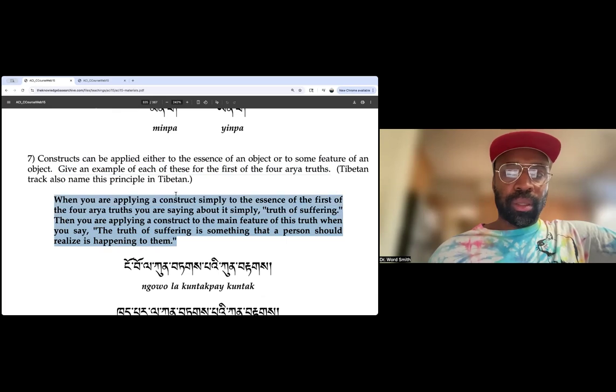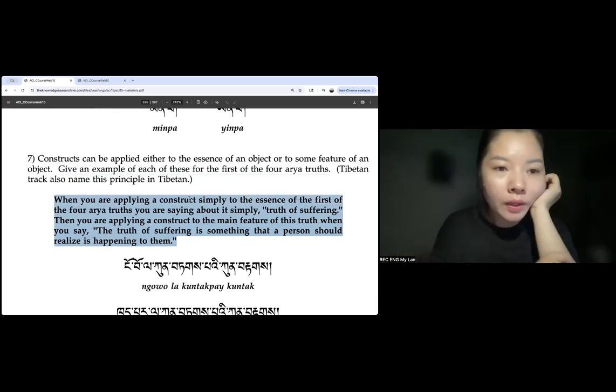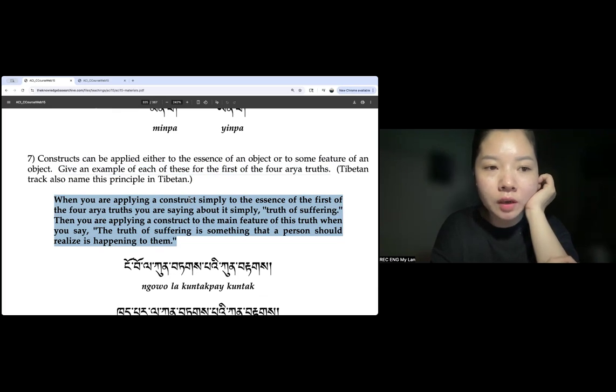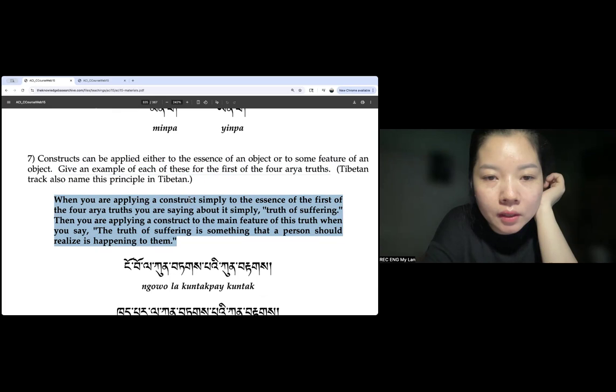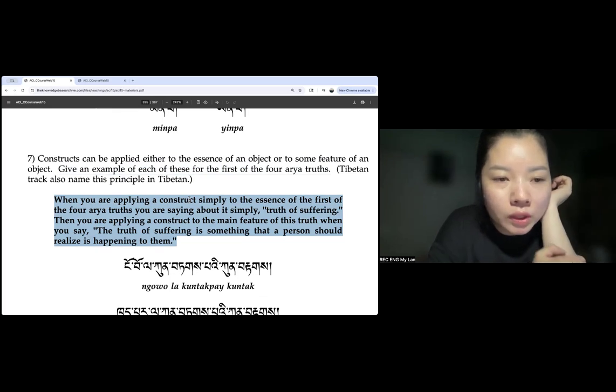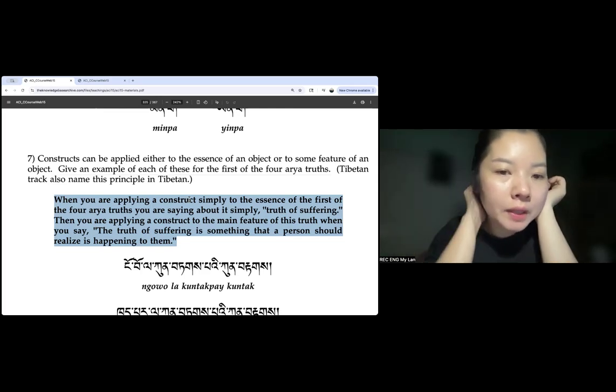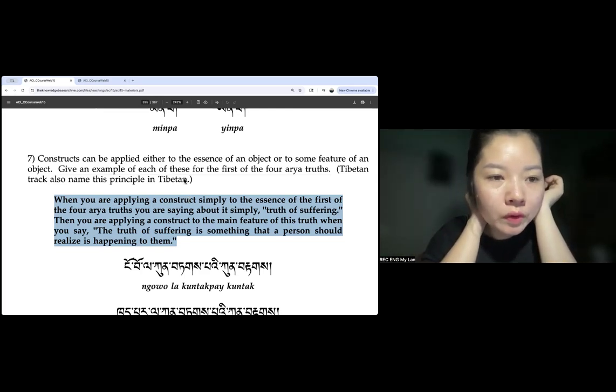Read this, Milan. Yes, when you are applying a construct simply to the essence, for the first of the four Arya truths, you are saying about it simply the truth of suffering. Then you are applying a construct to the main feature of this truth when you say the truth of suffering is something that a person should realize is happening to them.